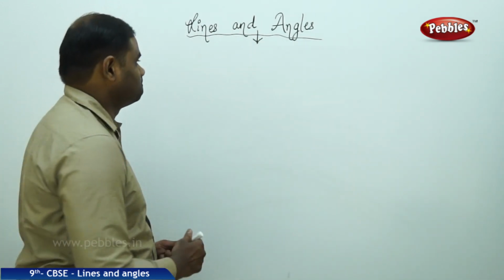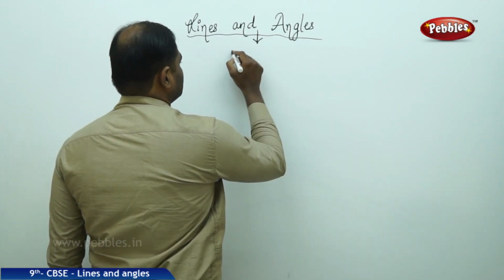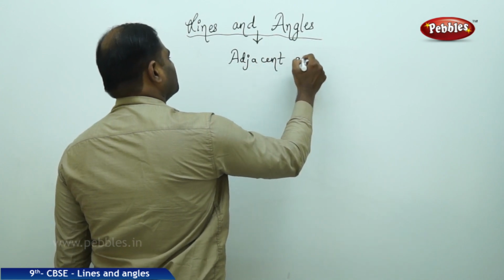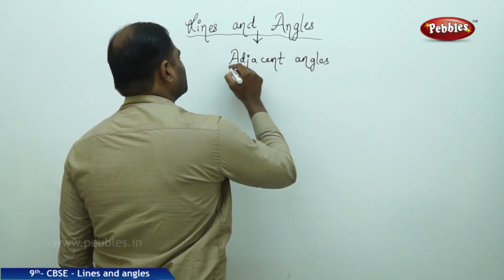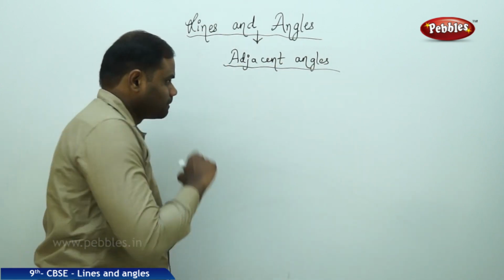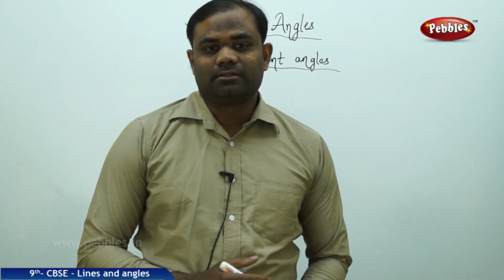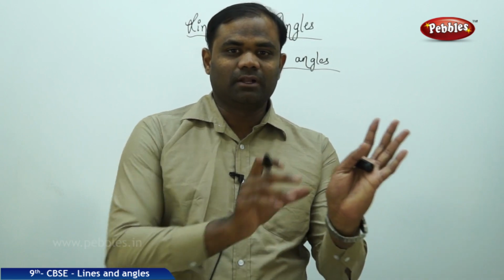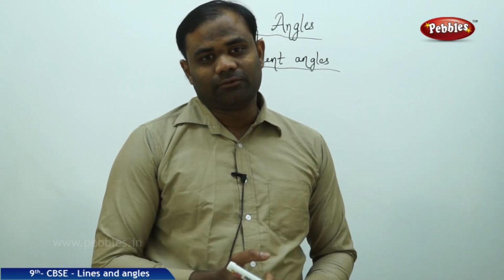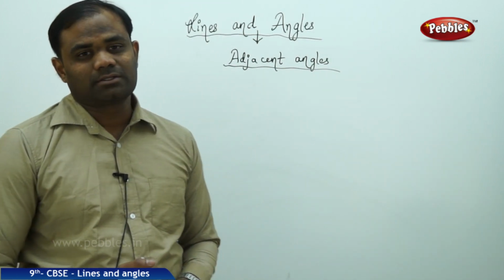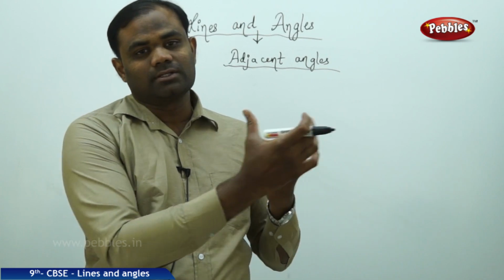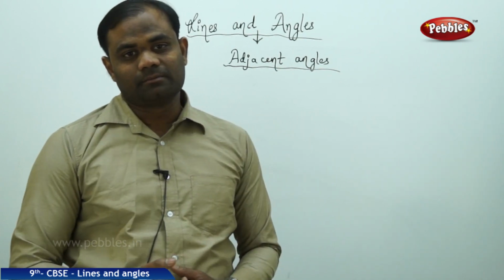For example, initially I have adjacent angles. What are adjacent angles? The word adjacent means the one beside the other. Therefore, when we take two angles, the rule is that the two angles are said to be adjacent when one is exactly beside the other.